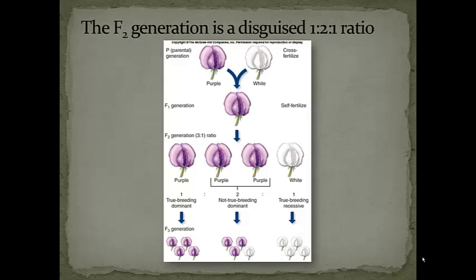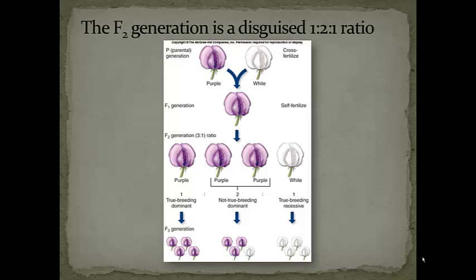The 3/4, the 3 expressing the dominant trait, one of them is also true breeding. When self-fertilizing, it gives only the dominant trait. The remaining 2, when they self-fertilize, their offspring have that same 3-to-1 ratio, 3 dominant to every recessive.